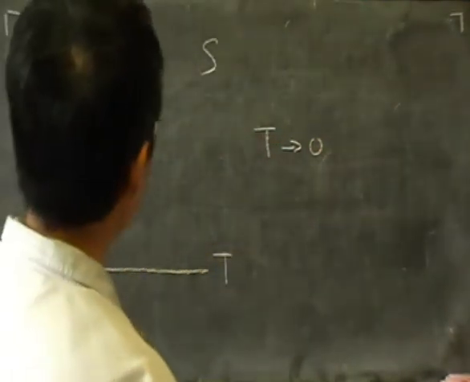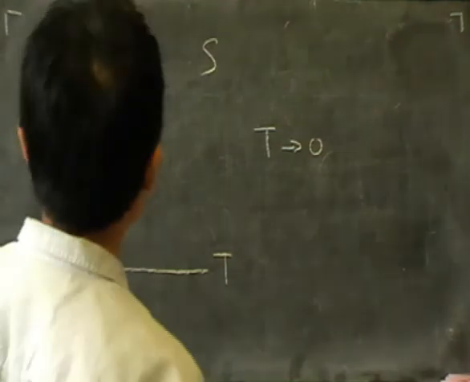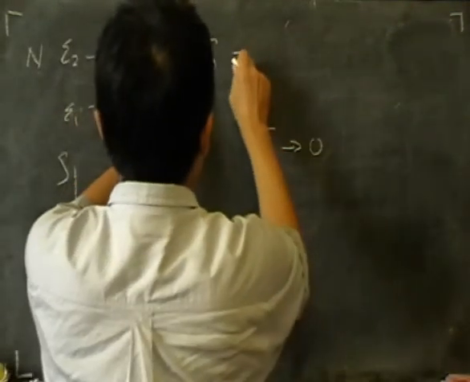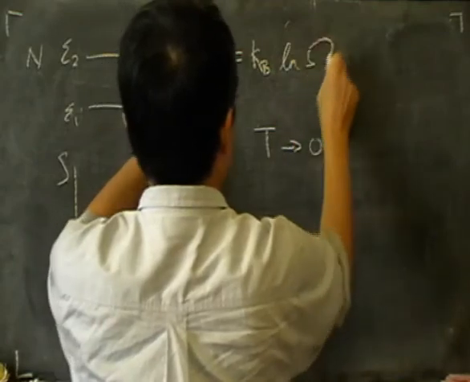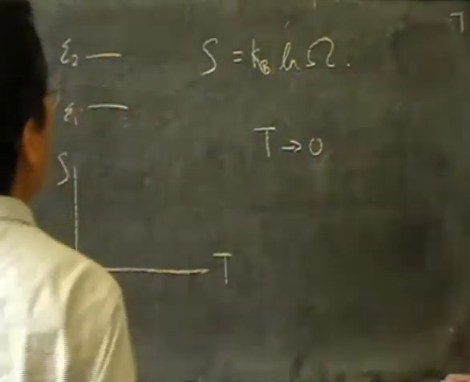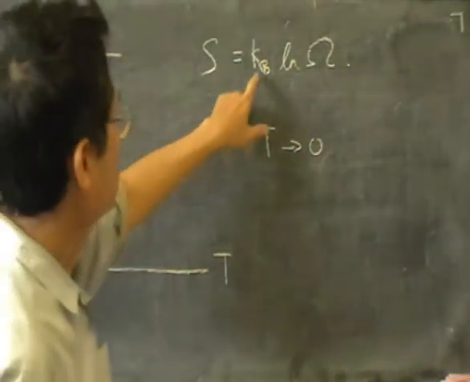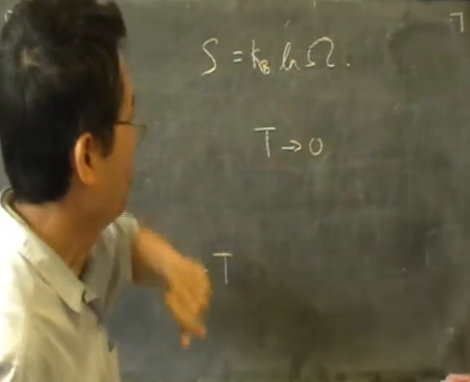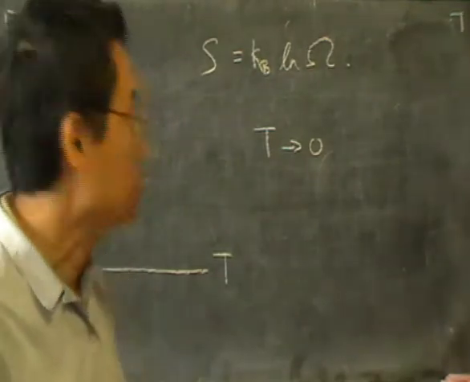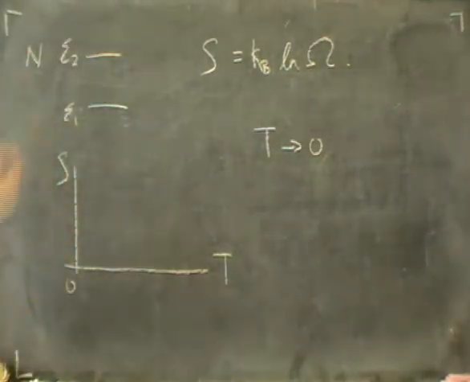But we also need a formula for the entropy, and I'm going to use the Boltzmann postulate. Right, entropy is Kb times log of the number of possible arrangements of the particles.